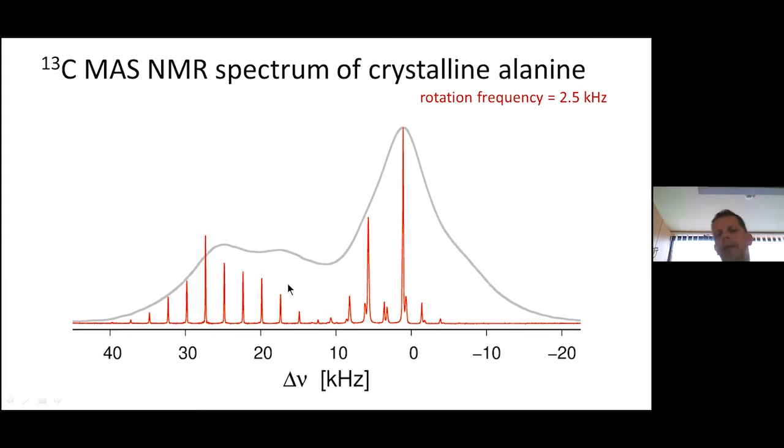Okay, this was very brief, to give you some impression about the difference between solution and solid state NMR. In solid state NMR we could deal with broad spectra, but typically we rotate the samples and therefore get well-resolved spectra, but we are still often interested in other parameters than just the isotropic shift.